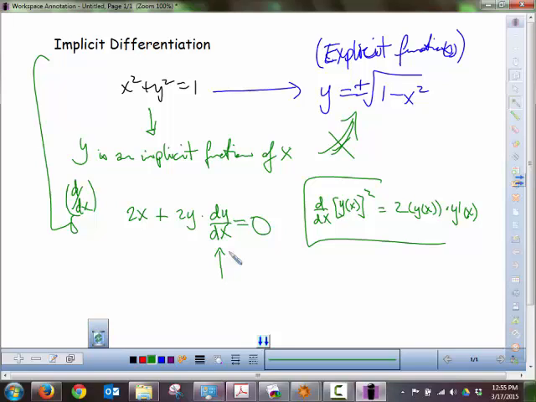But now we can think about implicit differentiation in Calc 3 as well, because we've studied the quadric functions, and those are relations between x, y, and z that are not necessarily z by itself as an explicit function of x and y.